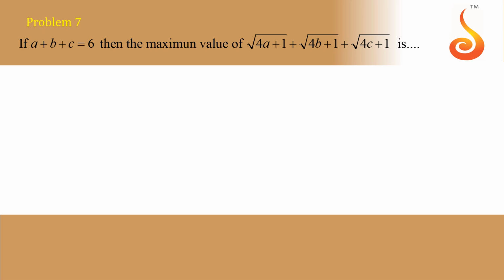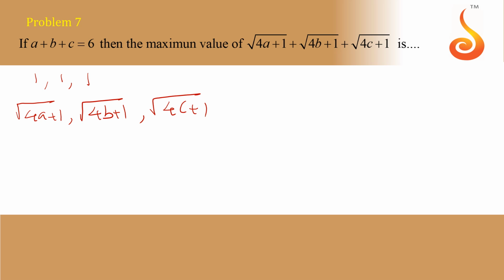For that purpose, observe what I am doing. I will take two sets of numbers: 1, 1, 1, and root of 4a plus 1, root of 4b plus 1, root of 4c plus 1, like a1, a2, a3 and b1, b2, b3.